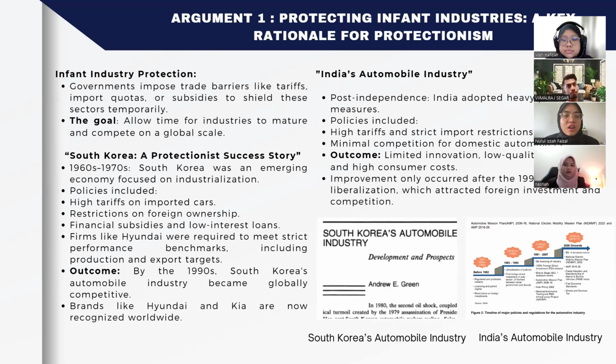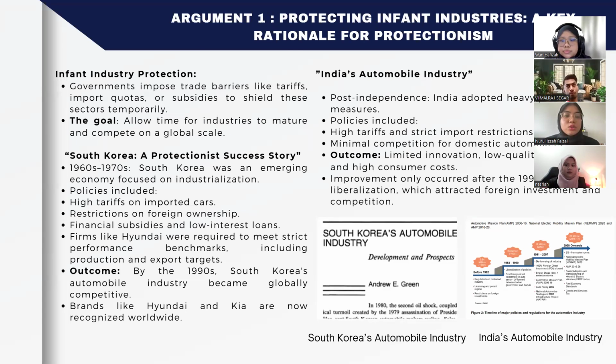These industries are often critical for a country's economic future as they represent opportunities for innovation, industrial diversification, and technological advancement. For infant industries, the government may implement protectionist policies such as tariffs on imported goods, which make foreign products more expensive and less competitive domestically.